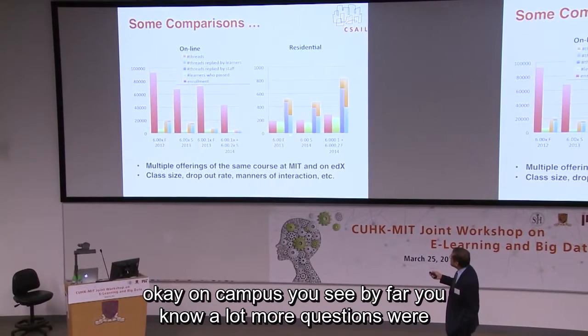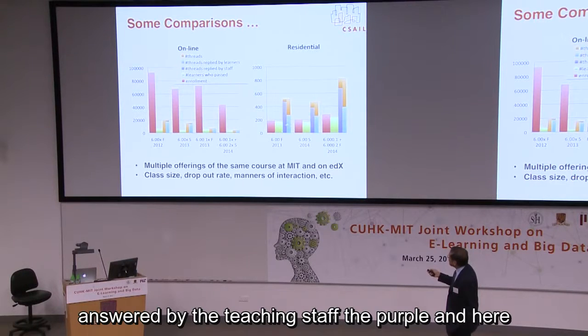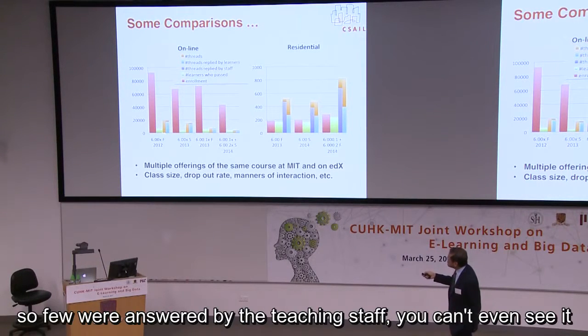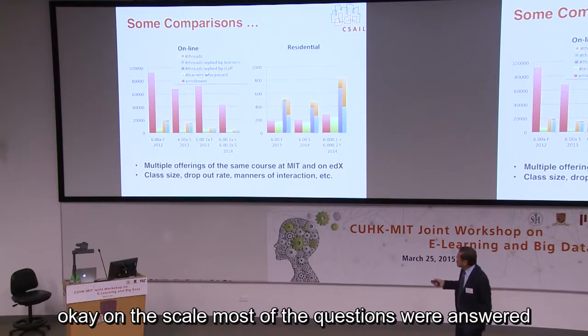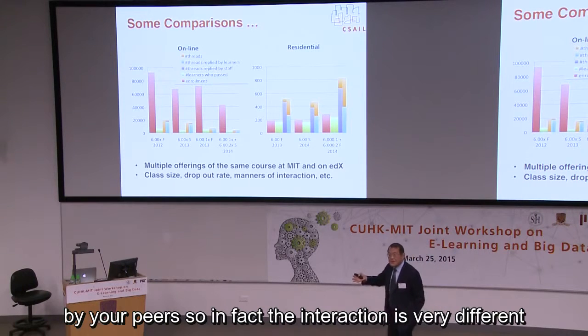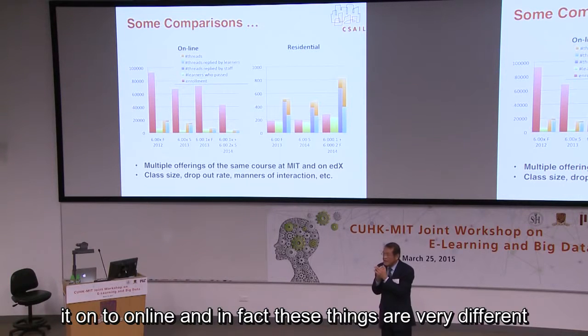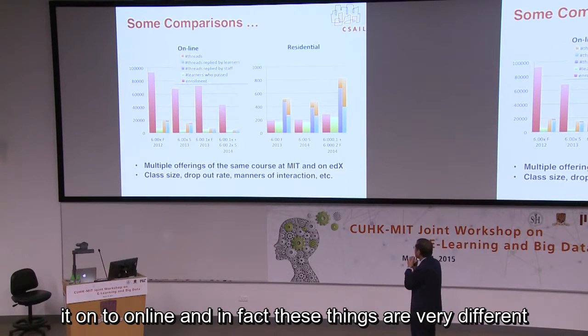On campus, by far, a lot more questions were answered by the teaching staff, the purple. And here, so few were answered by the teaching staff, you can't even see it on this scale. Most of the questions were answered by your peers. So in fact, the interaction is very different. It's not the case we can just take the way we interact on campus and move it online, and in fact, these things are very different.